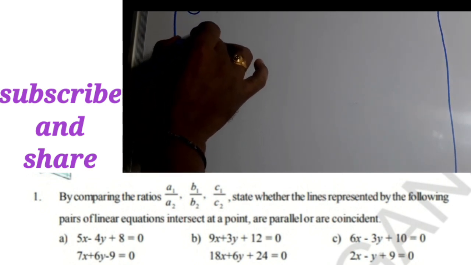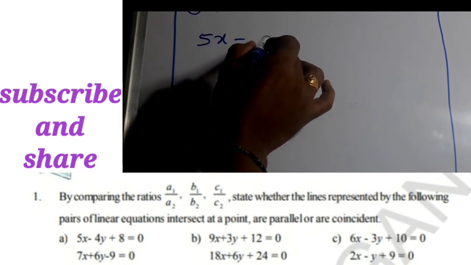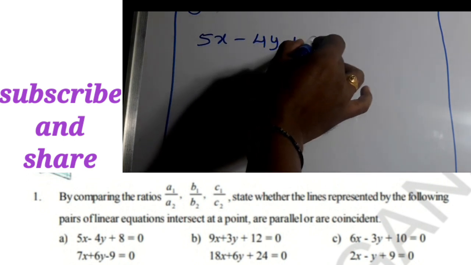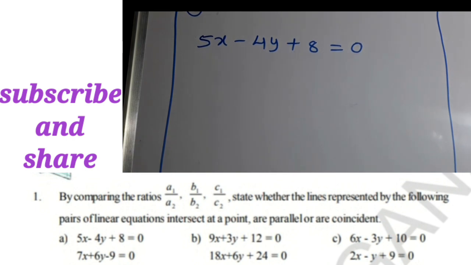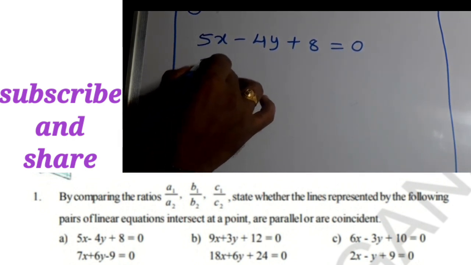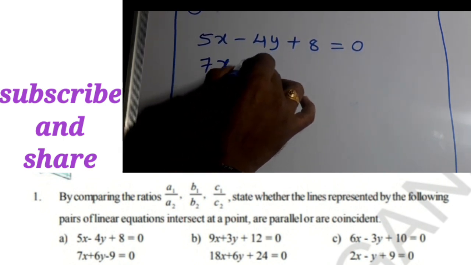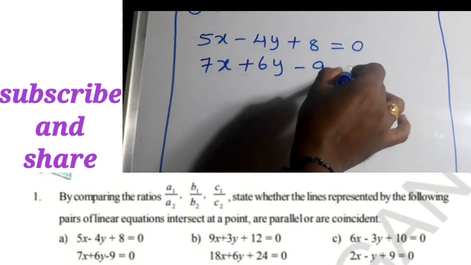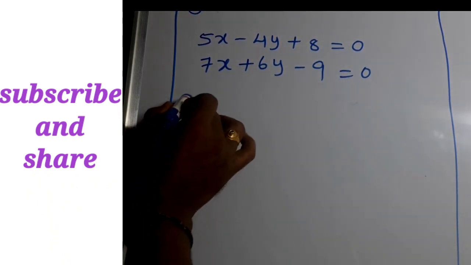The first question is 5x minus 4y plus 8 is equal to 0. This is a linear equation in two variables. And 7x plus 6y minus 9 is equal to 0. Now we take the first line.